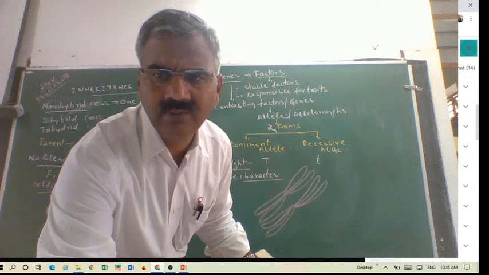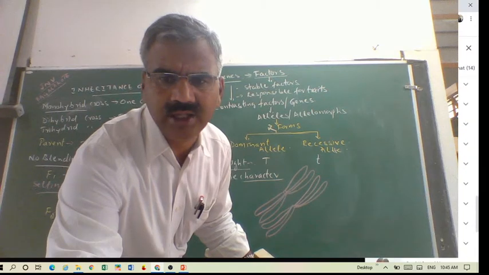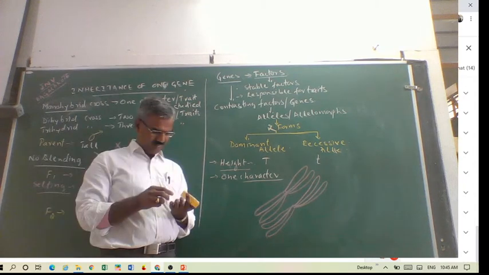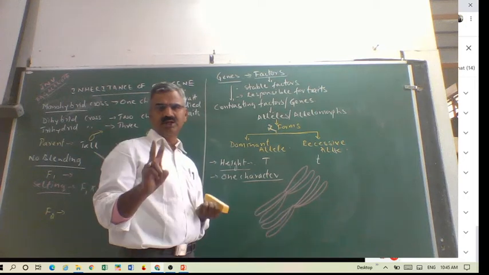Homologous. Very good. They are called homologous chromosomes. What are they called? Homologous chromosomes. So here, you know that there are two alleles which are going to be present here.